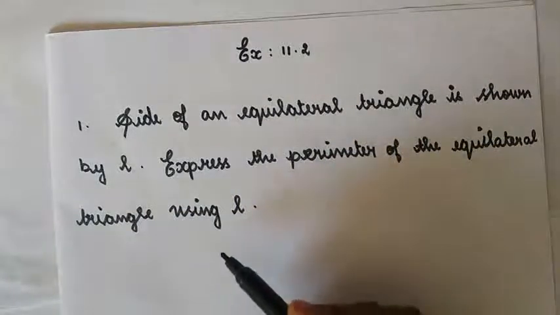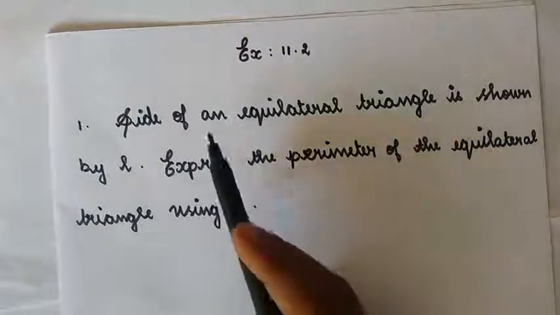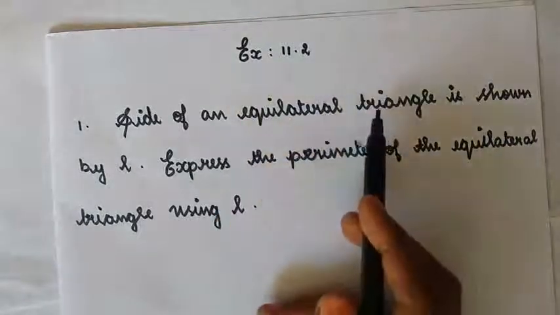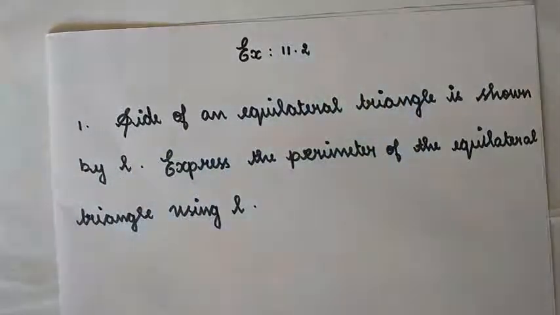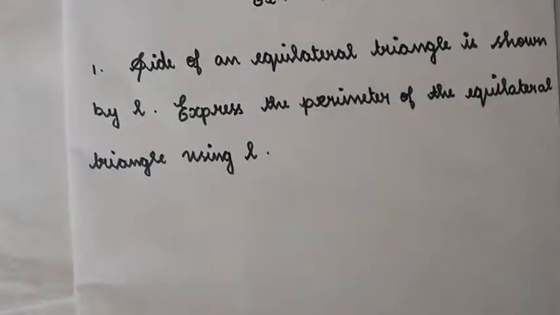So here we have to find the perimeter of the equilateral triangle by using the side of the equilateral triangle, L. Already you learned this in chapter number 10.